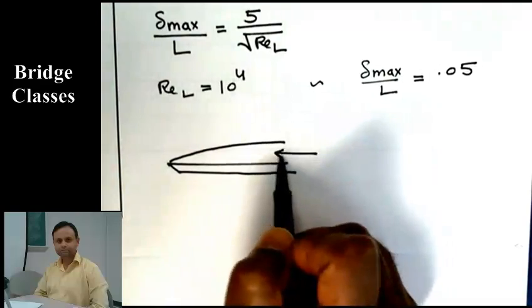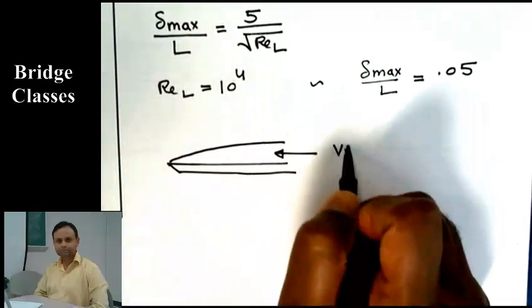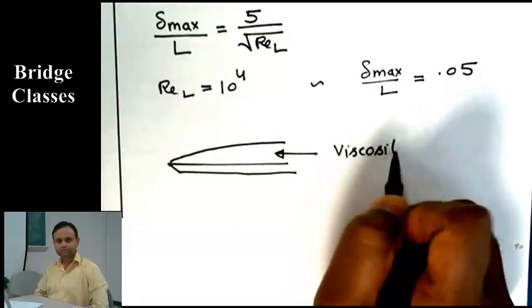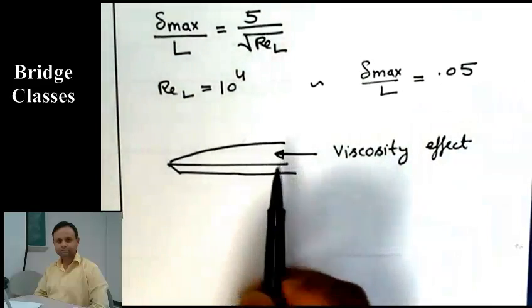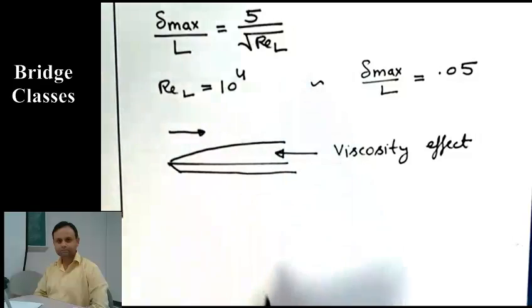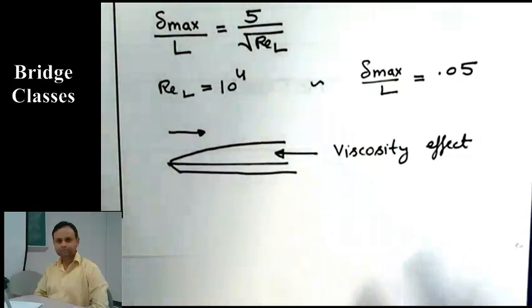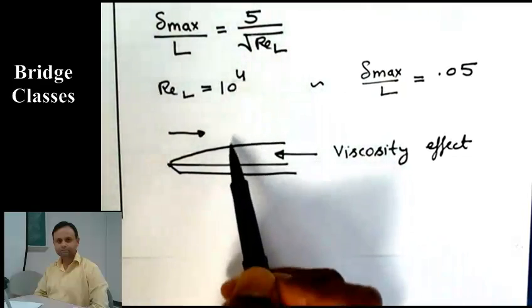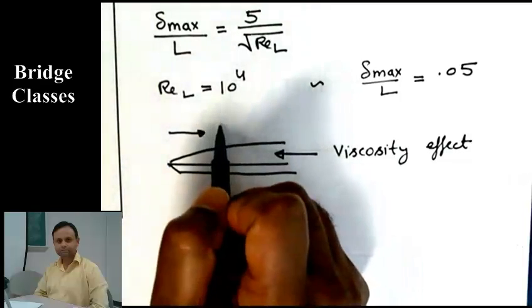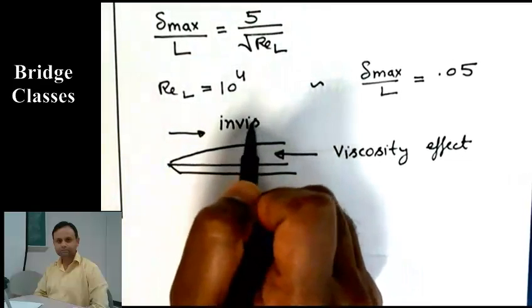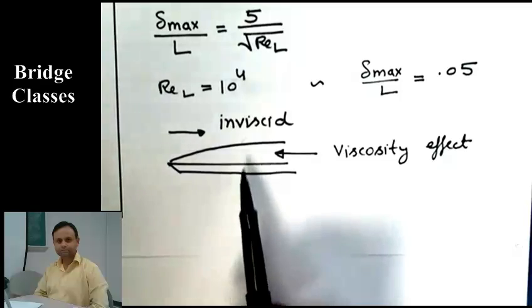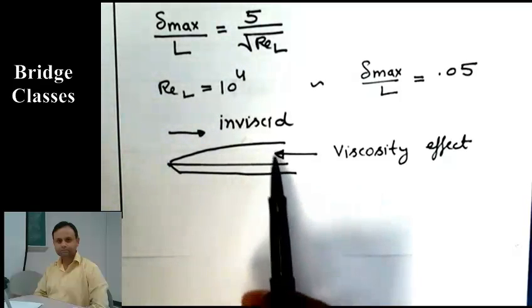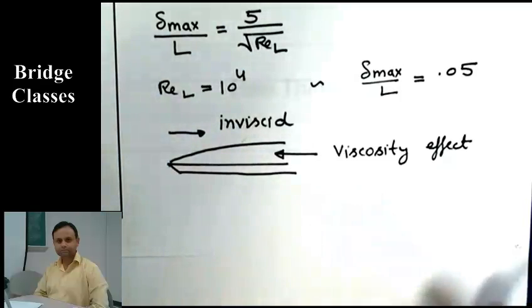The effect of viscosity is confined to this region, this thin layer, and outside, although the fluid has its viscosity, there is no effect of viscosity because there is no velocity gradient there. So the flow is inviscid. That is basically what the boundary layer is. You divide the flow into two regions: an inviscid flow and a region in which viscosity is important.